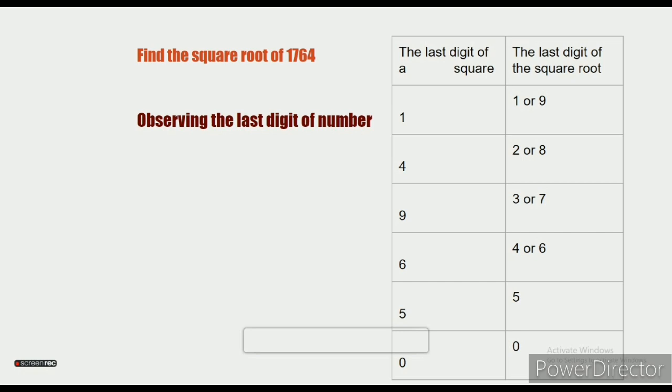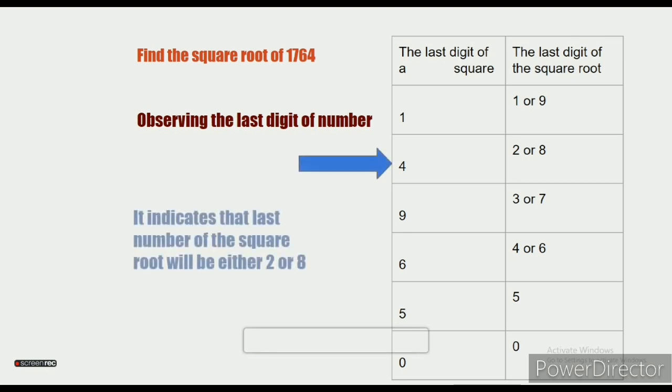For the very first step, we will observe the last digit of the number. Observing the last digit, which is 4, it indicates that the last digit of the square root will be either 2 or 8.